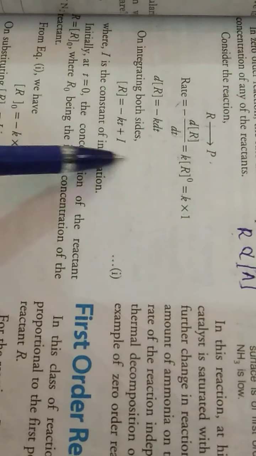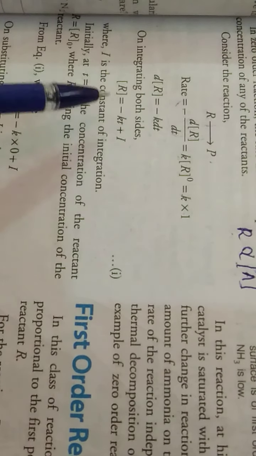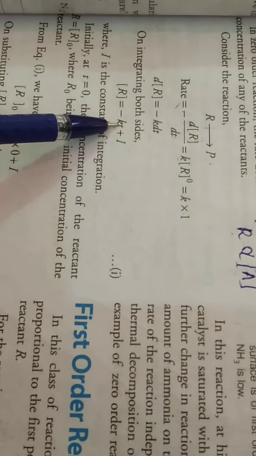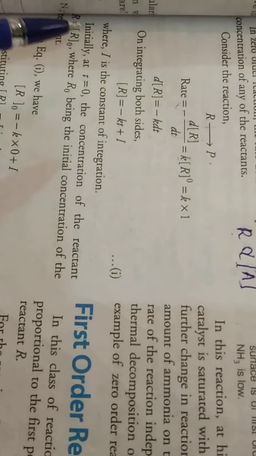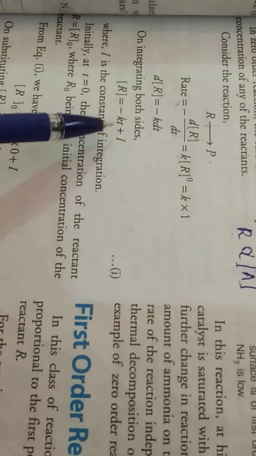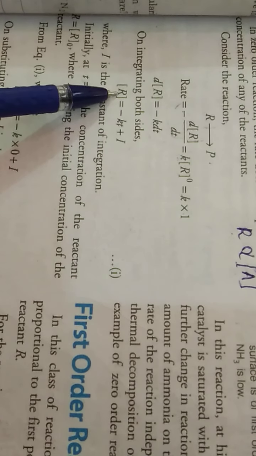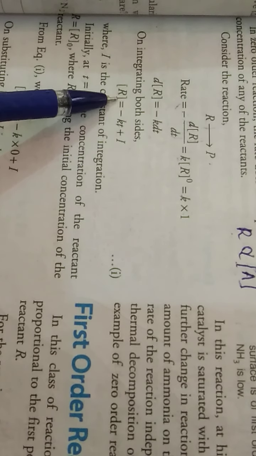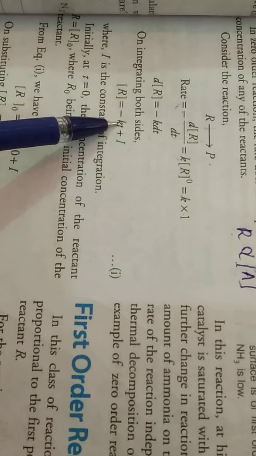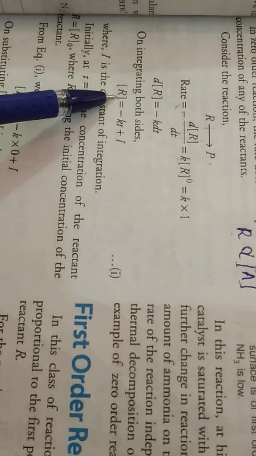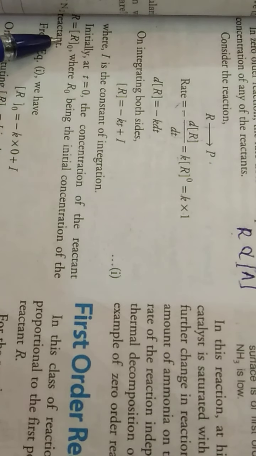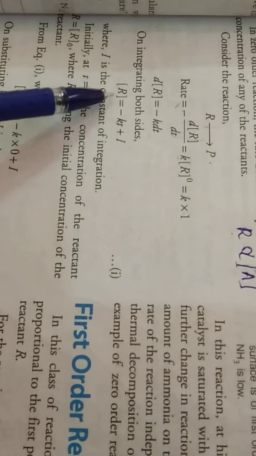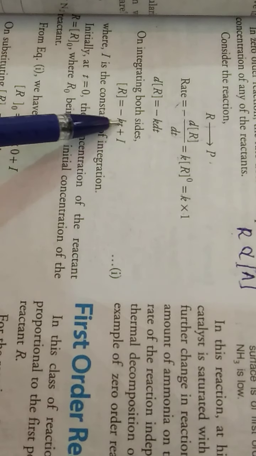Suppose we take the value of t as 0. Till now the reaction has not started. So t will be 0, and the concentration of R will be the initial concentration, that is R naught. Initially the concentration is R naught at time 0.